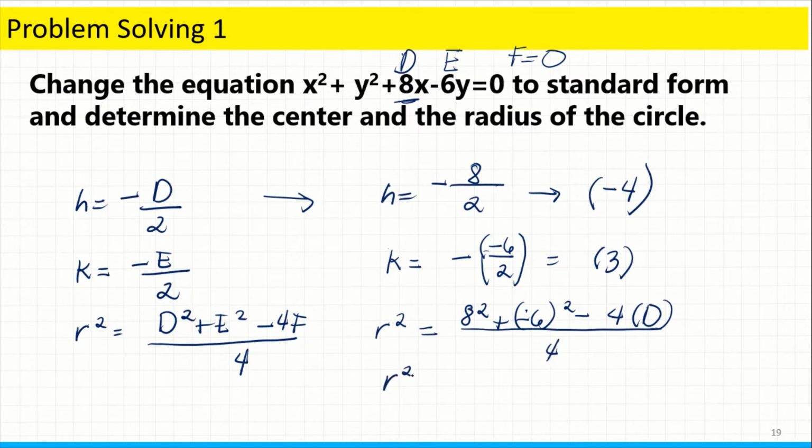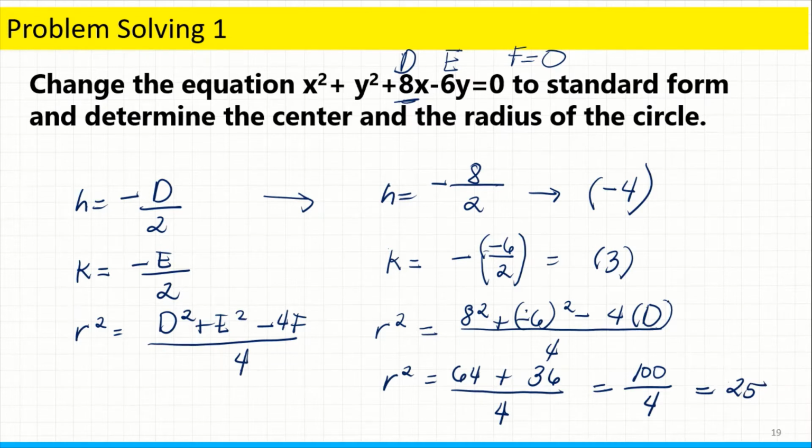So r squared is equal to 64 plus negative 6 times negative 6 equals positive 36, all over 4. It is equal to 64 plus 36 equals 100 all over 4. So r squared is 100 divided by 4, that is 25.